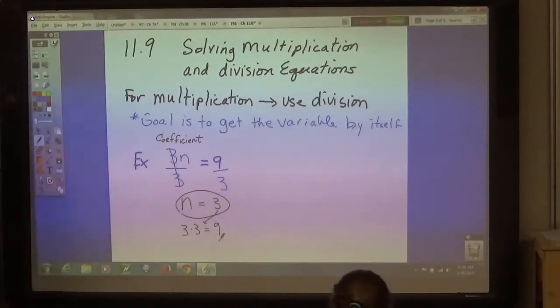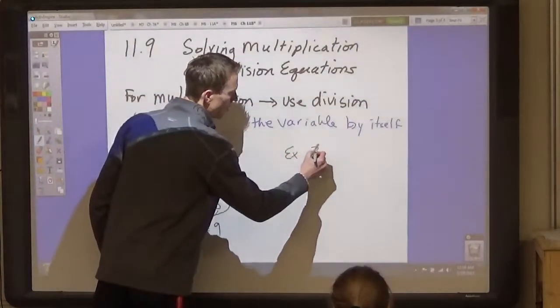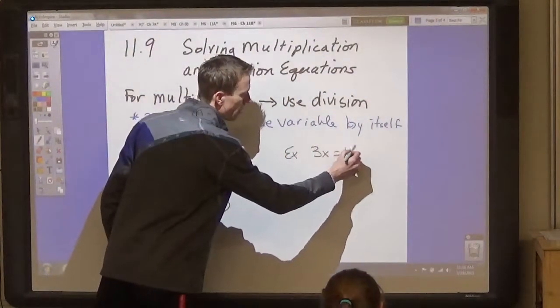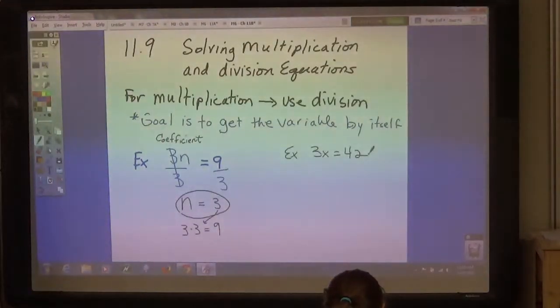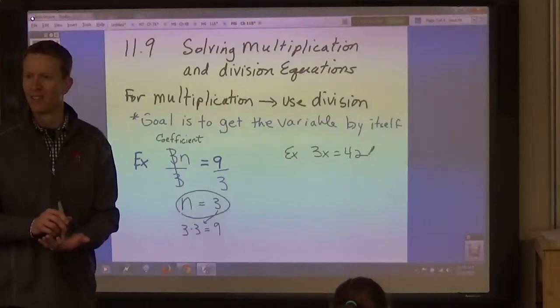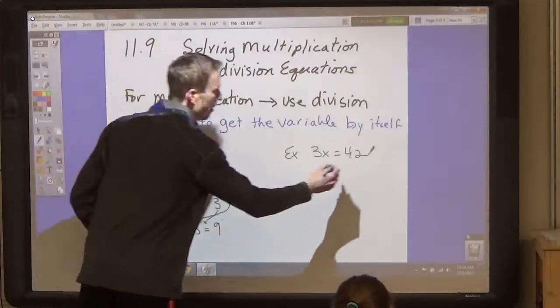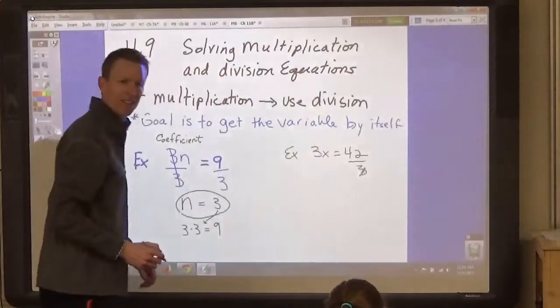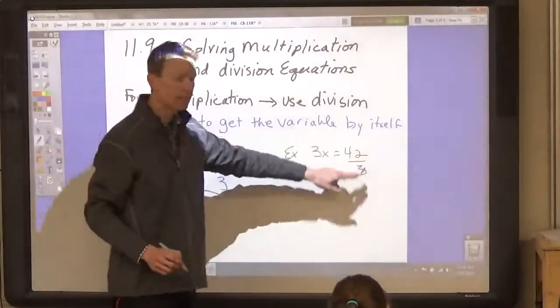Let's go to the sheet that I gave you. Here's another example. 3x equals 42. How do we prove our solution? We can't just divide one side by 3.